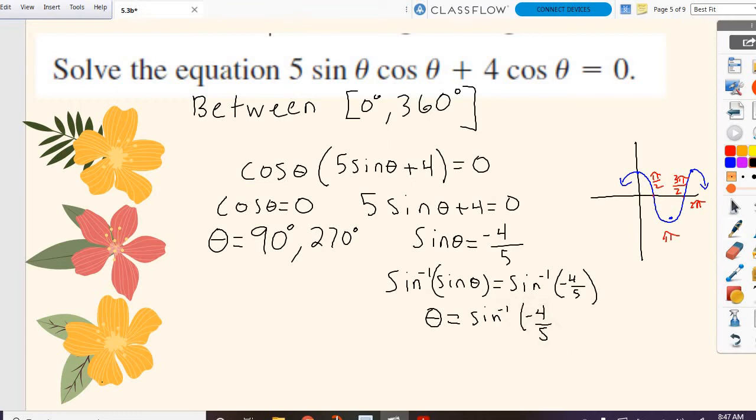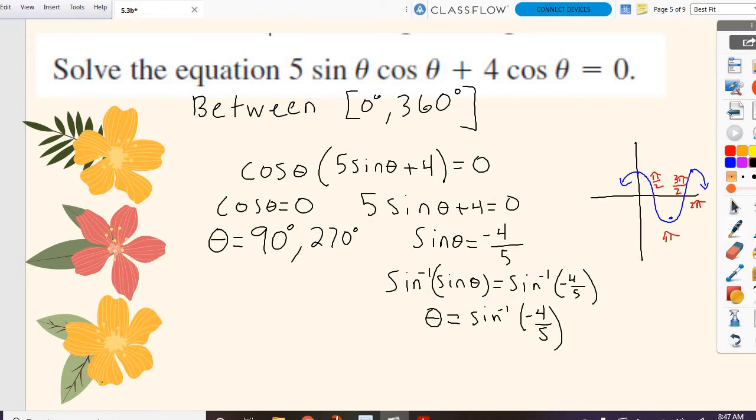Now, if I asked for the exact answer, that would be your last step, because our next step is to plug it into our calculator, and it's going to give us a decimal approximation, which will not be exact. So for us, if I asked for the exact one, that would be it. Now, if I just said find the approximate answer, rounding to the nearest 2 decimals or something like that, then we could plug that into our calculator.